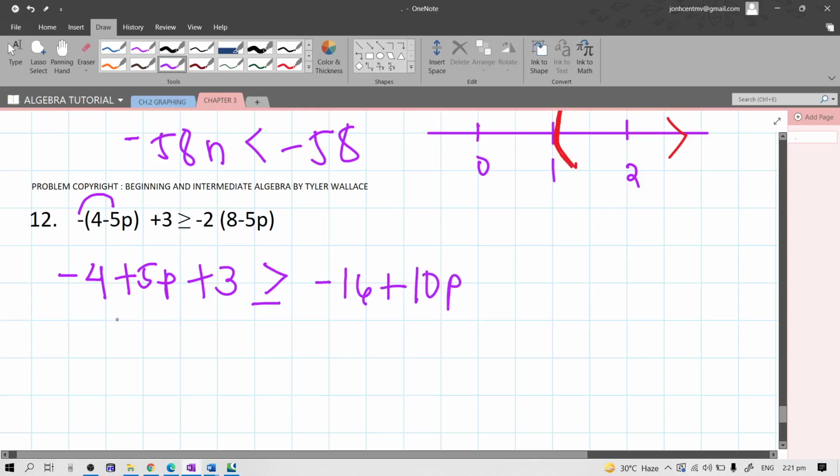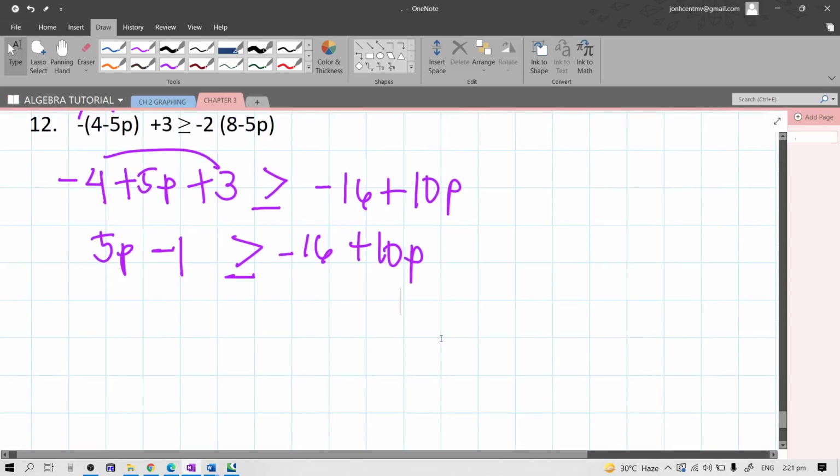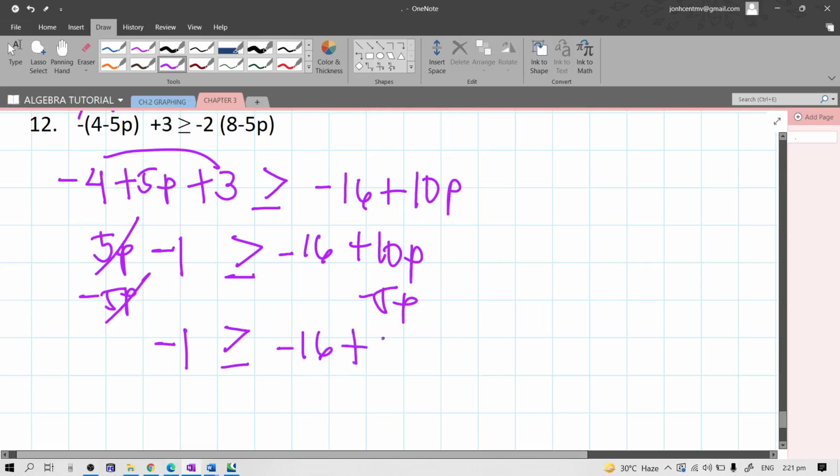So, ano ba yung pwede natin ma-simplify dito? We have 5p minus 1, so itong dalawa, is greater than or equal to negative 16 plus 10p. Okay? So, cancelled out. We have negative 1 is greater than or equal to negative 16 plus 5p. Okay?